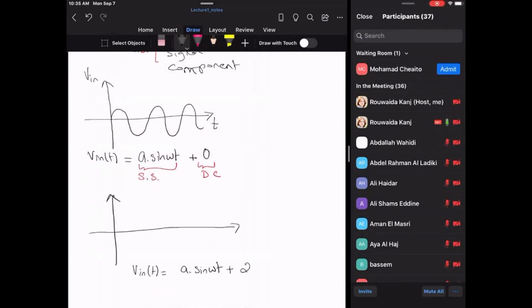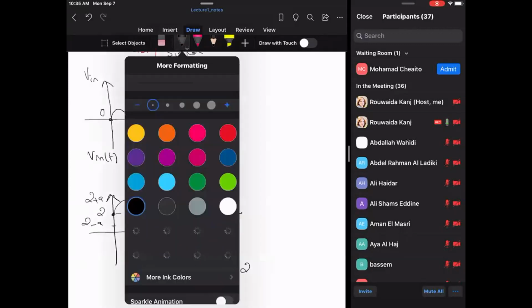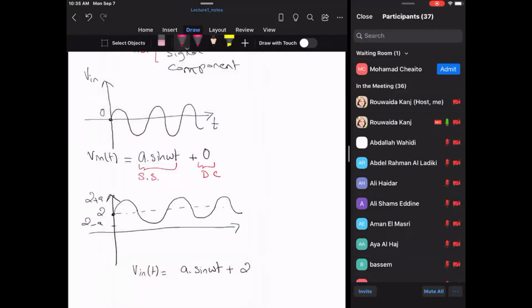In this scenario, when sine omega t is 0, my signal is going to be equal to 2, right? And when sine omega t is max, my signal is going to be 2 plus A, and when sine omega t is min, I'm going to reach 2 minus A, and so on and so forth. So this 2 volts, we call it the DC bias.